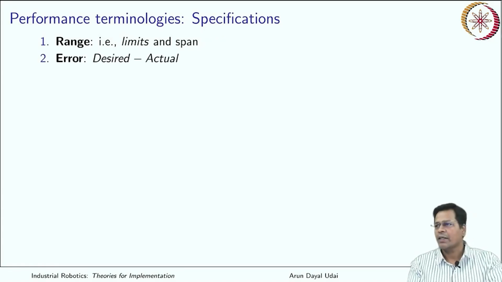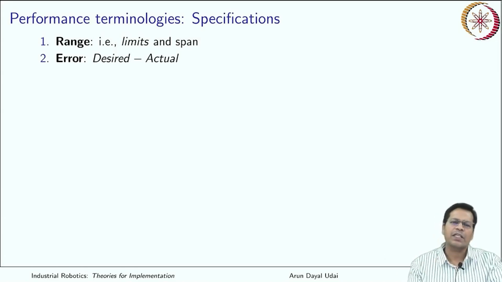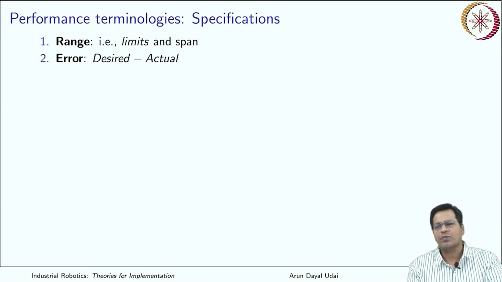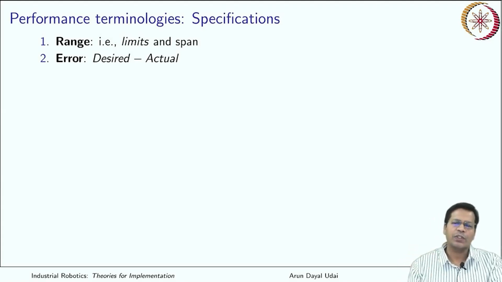And then error. Let's say you know this pneumatic pressure line is of 6 bar, but it is showing you 6.5 bar all the time. So the desired one is what it actually is, and the actual one is what your sensor is showing you.